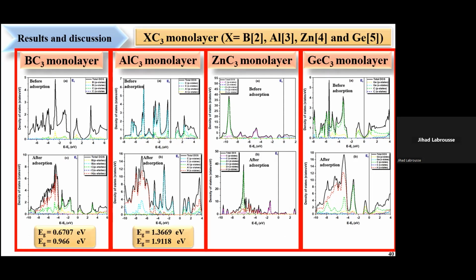And also there is a hybridization between hydrogen 1s states and carbon 2p states for all the materials, except for the NC3 monolayer. There is another hybridization, plus the first hybridization, between hydrogen 1s states and zinc 3d states.